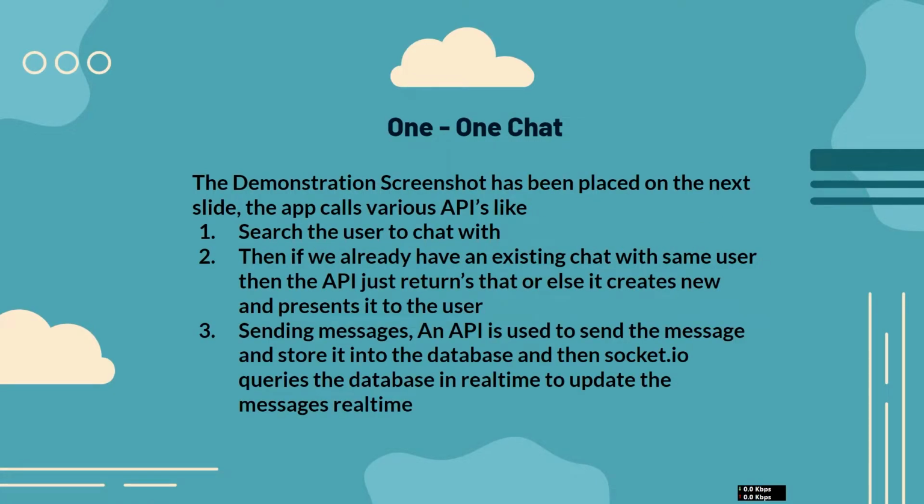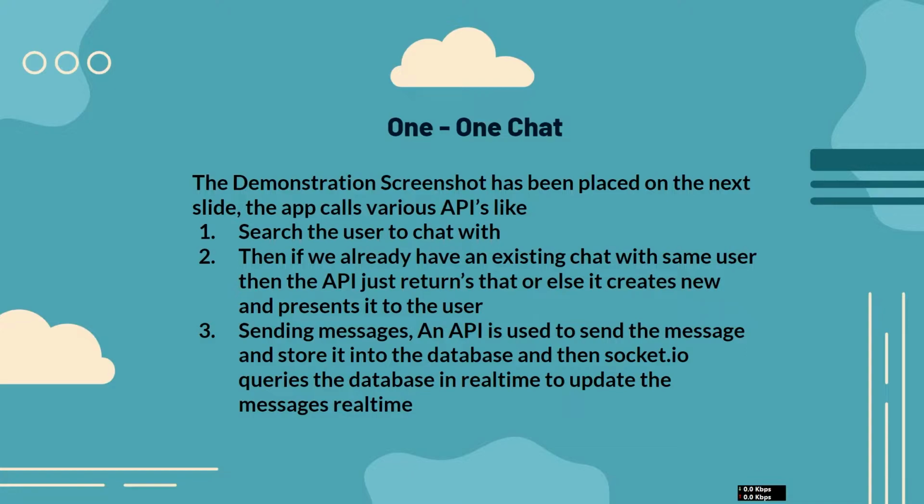One of the great features of my app is one-on-one chat. There is no meaning of a chat app without one-on-one chat, so I've created this feature. This feature is made possible with the help of various APIs. First of all, we need to search the user which we want to chat with, and if we already have a chat with that user, the chat will be returned, and if we don't have any previous chat, then it will create a new chat.